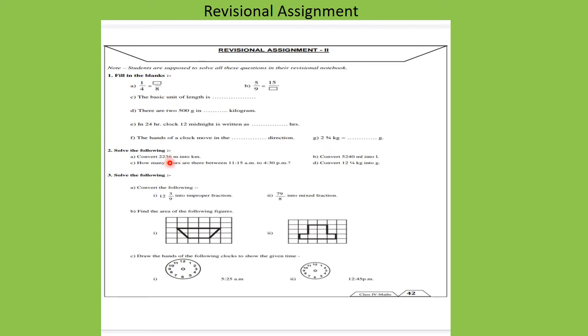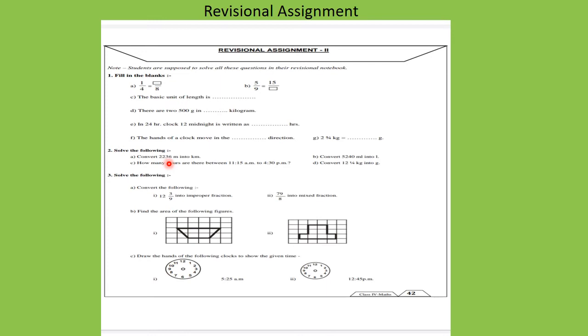Now let us come to question number 2, where we have to convert 2236 meters into kilometers. We already know that 1000 meters is equal to 1 kilometer. So you will simply divide this number by 1000, and you will have 2.236 kilometers. This will be your answer.